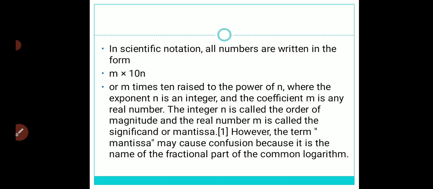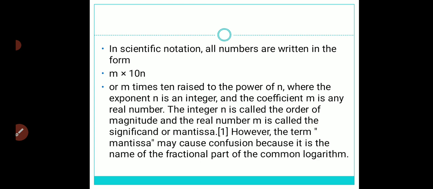In scientific notation, all numbers are written in the form m times 10 raised to the power of n, where the exponent n is an integer and the coefficient m is a real number. The integer n is called the order of magnitude and the real number m is called the significand or mantissa.